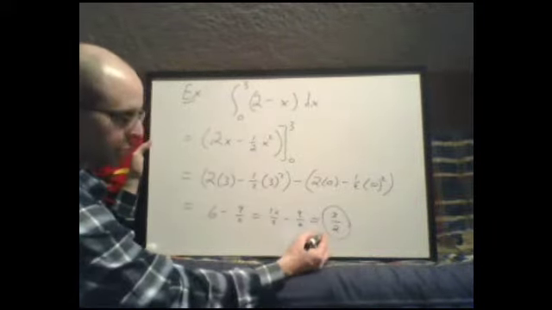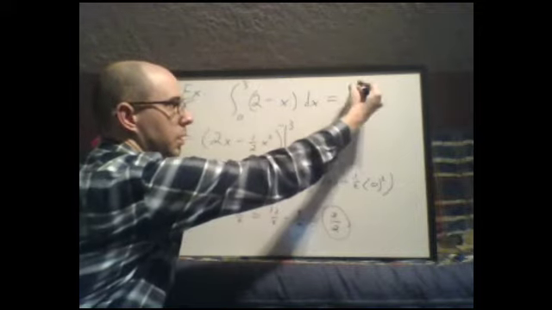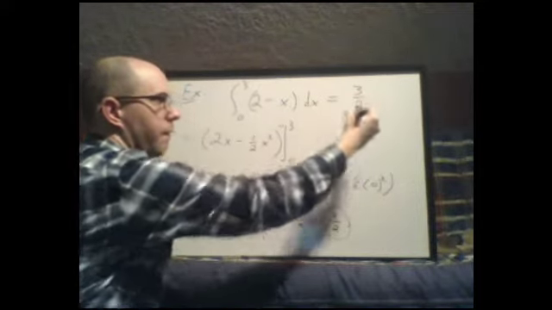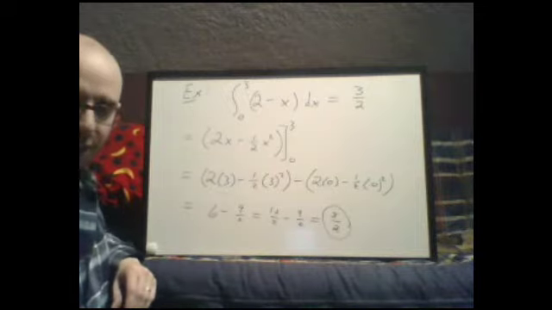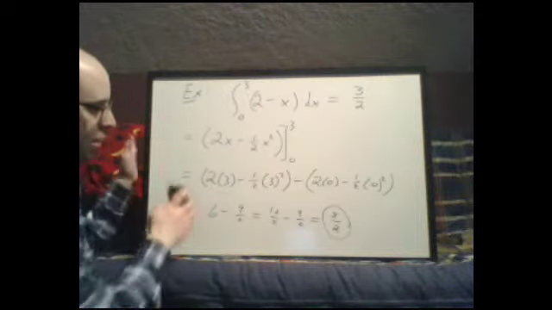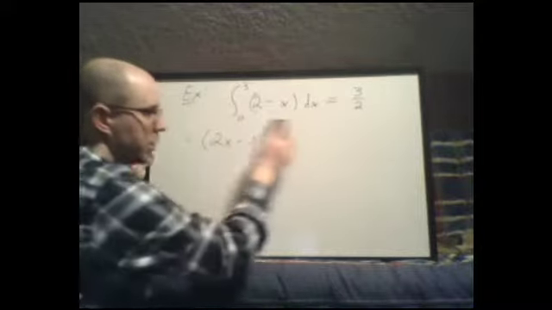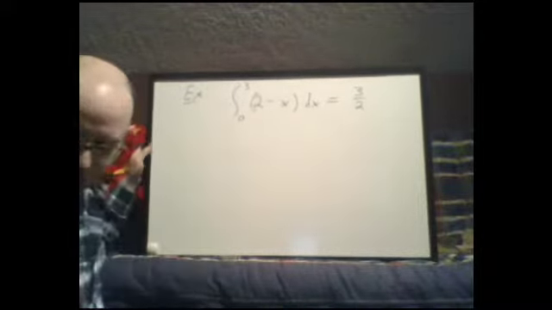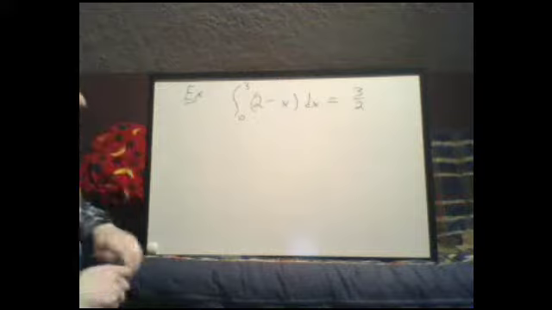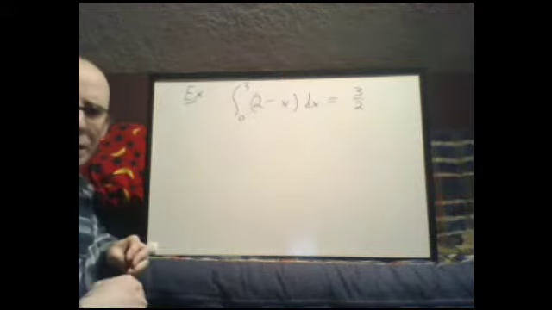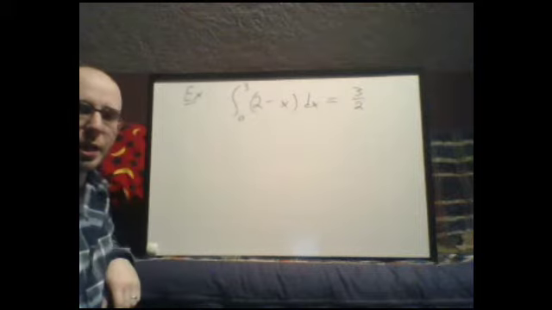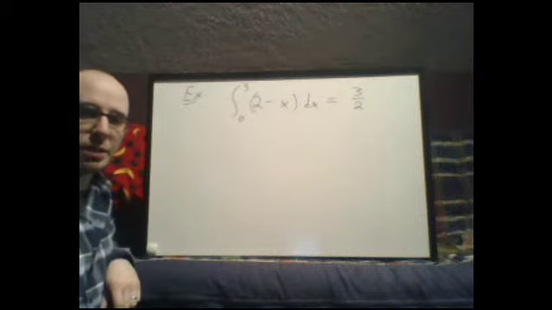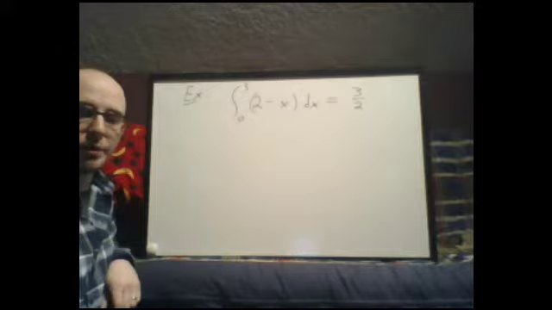Let me record that and then erase the work. Now let's think about the same problem, but let's look at it from a geometric standpoint. We did one or two like this a few weeks ago. Let's compute what this should be from our definitions and understanding of definite integrals.